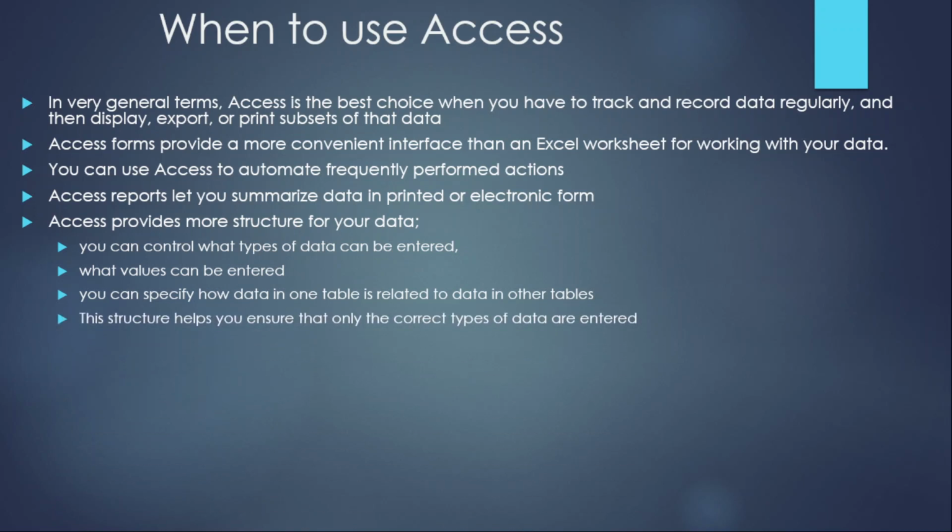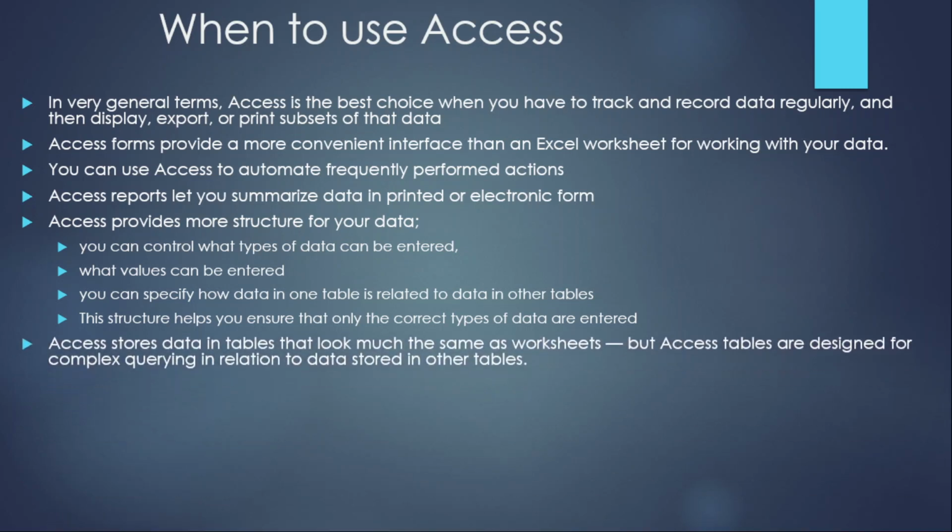This structure helps you ensure that only the correct types of data are entered. Access stores data in tables that look much the same as worksheets, but Access tables are designed for complex querying in relation to data stored in other tables. This is the fundamental difference with a spreadsheet.